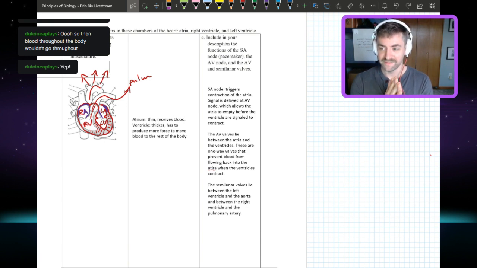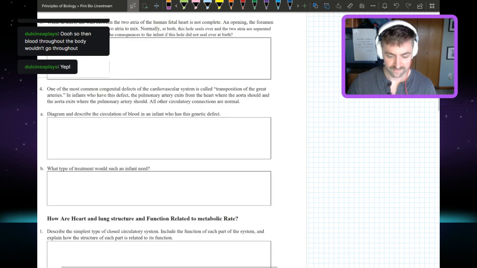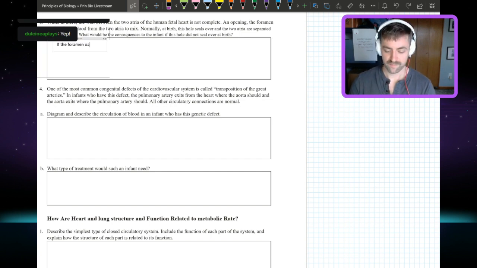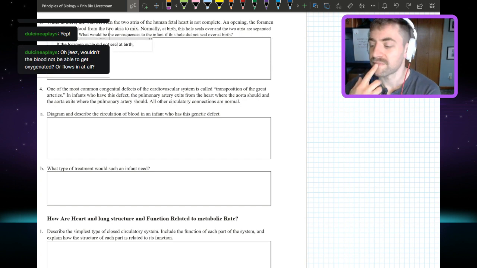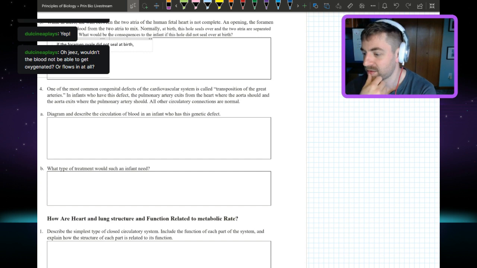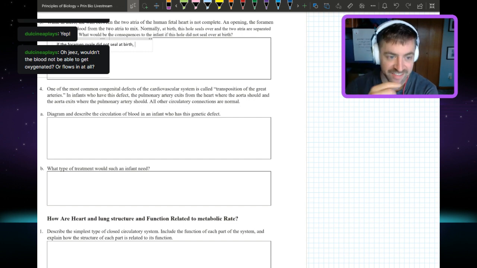What would happen if that space was just left open? We were kind of alluding to this already. Wouldn't the blood not be able to get oxygenated or flows in at all?